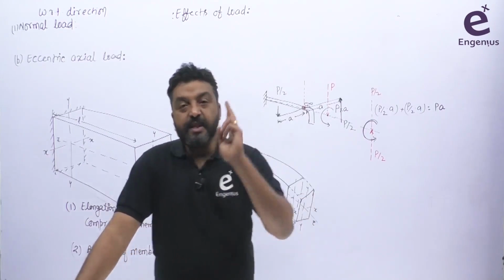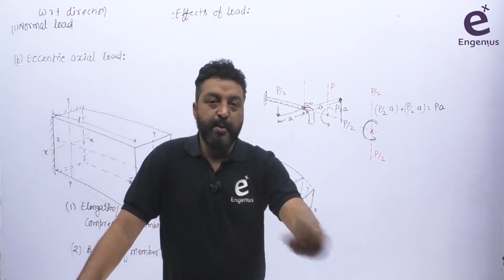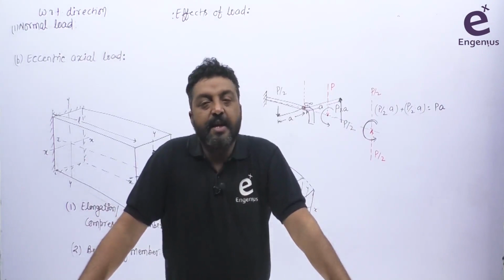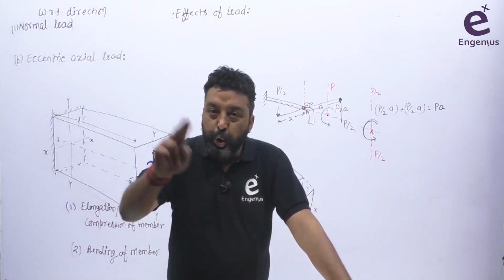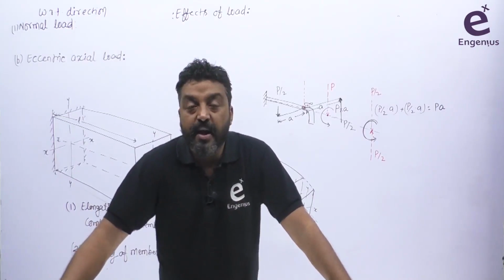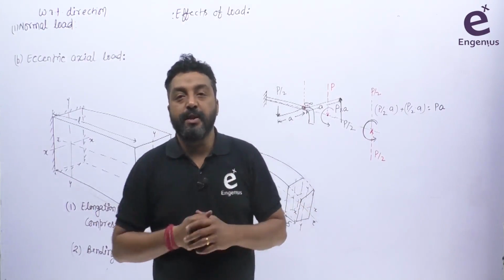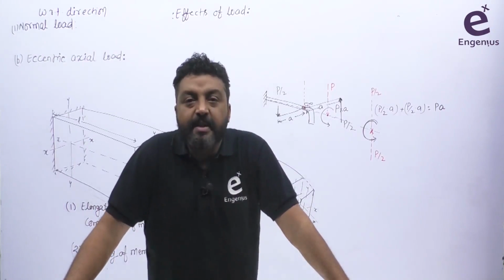It means for this type of loading, there will be two types of stresses, that is axial stress and bending stress. Both stresses will be induced in the member simultaneously.